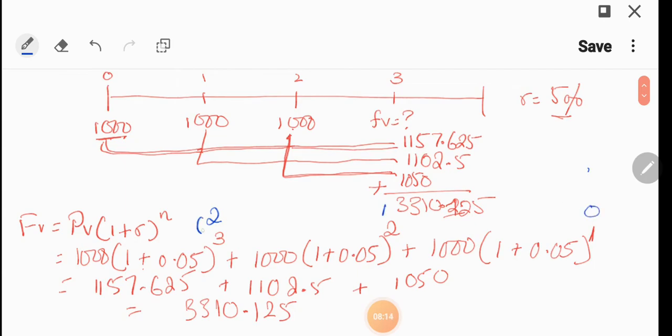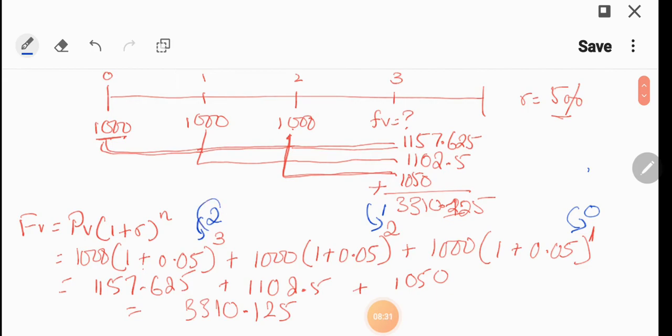Each cash flow is getting an extra year of compounding because in annuity due you're making an advance payment. So every period has one extra compounding period in it.